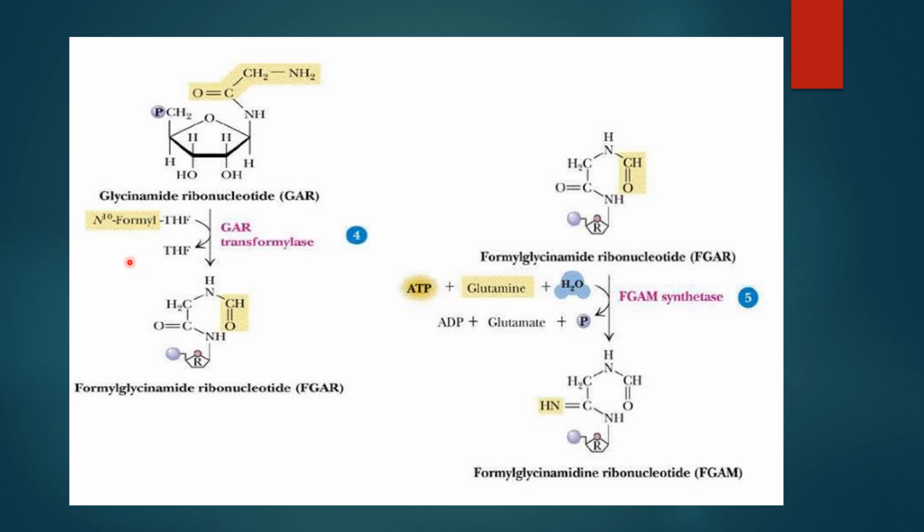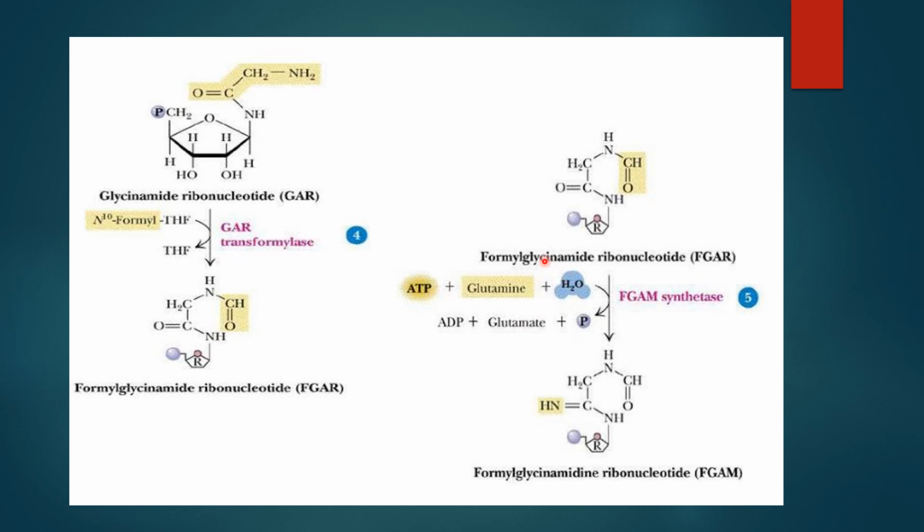So here the N10-formyl tetrahydrofolate donates its formyl group to form formylglycinamide ribonucleotide, which is catalyzed by the enzyme GAR transformylase.